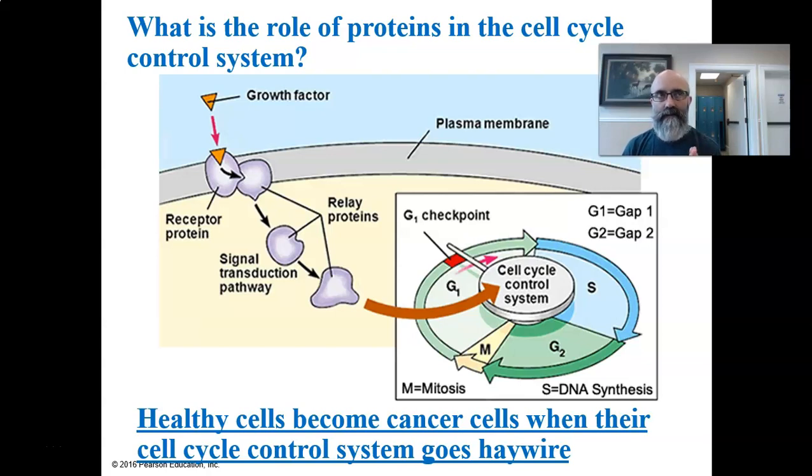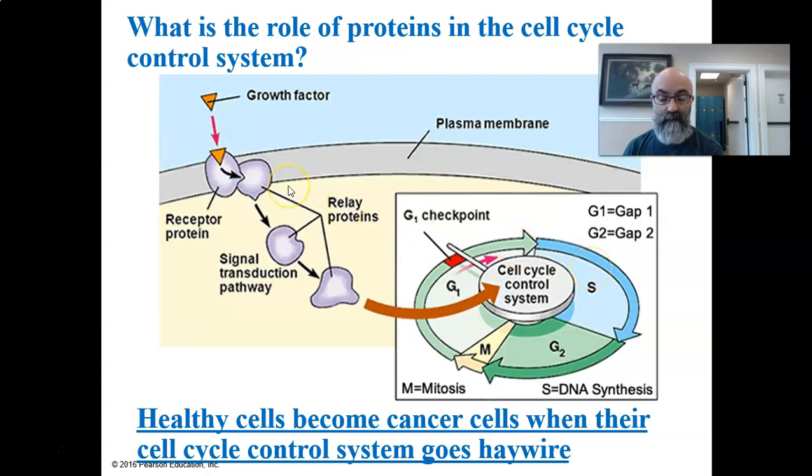The way that the cell knows to proceed, or actually not to proceed, is at the direction of protein growth factors. So this growth factor, we see this little upside down yellow triangle, is a type of protein. If that protein is there in the right shape, it will tell the cell to go through the G1 checkpoint and to proceed into synthesis, right?